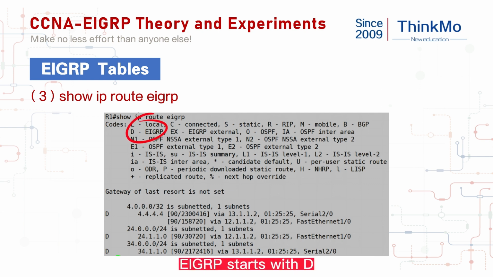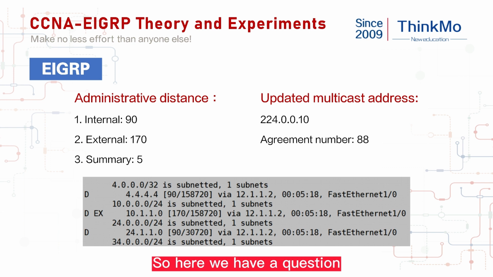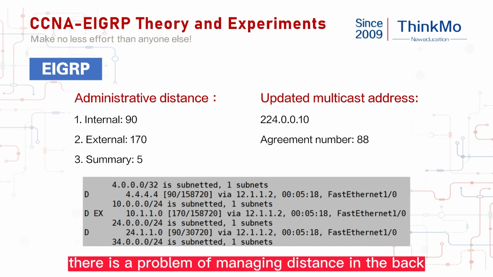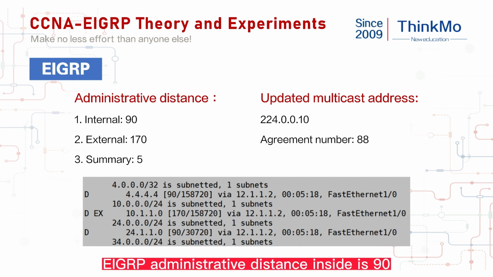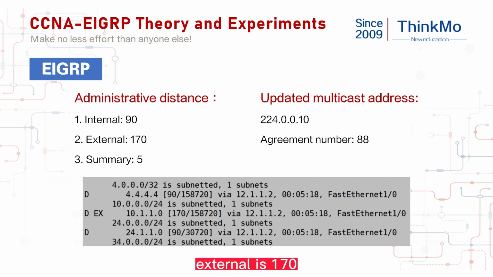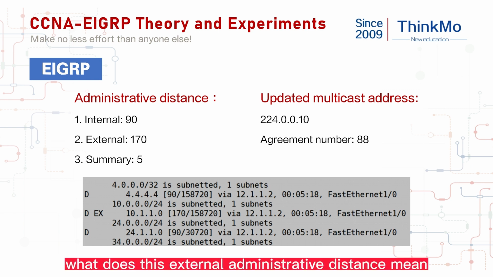EIGRP starts with D. So here we have a question, there is a problem of administrative distance in the back. When I talked about administrative distance before, I told you administrative distance is actually divided into internal and external. EIGRP internal administrative distance is 90. External is 170. What does this external administrative distance mean?